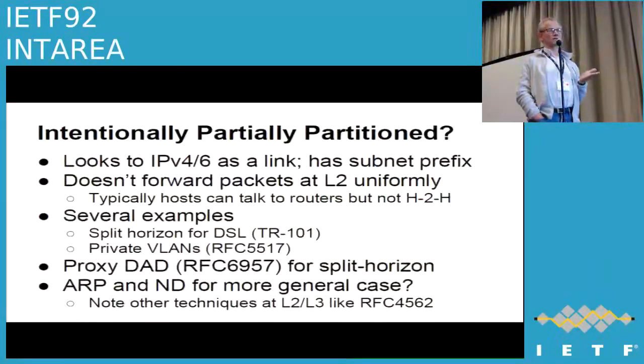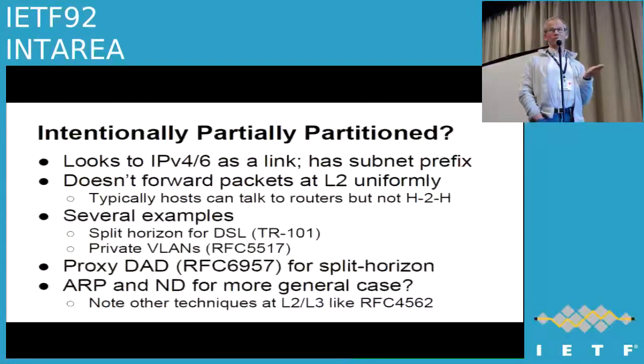I don't think the proxy DAD approach necessarily works for the more general case in private VLANs, where you have what are called community VLANs, where some hosts can talk to each other and they can talk to the router.